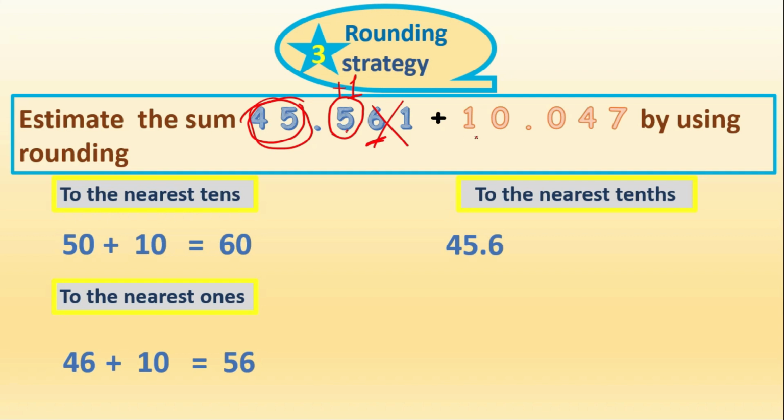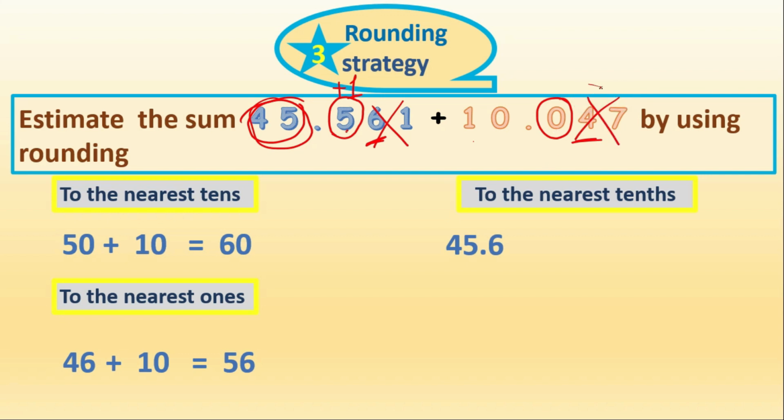Okay, the next number, 10 and 47 thousandths. Which is the tenth digit? 0. Circle the digit on the right, 4, from group 1, so it will add nothing. 0 stays the same, and cancel all digits.